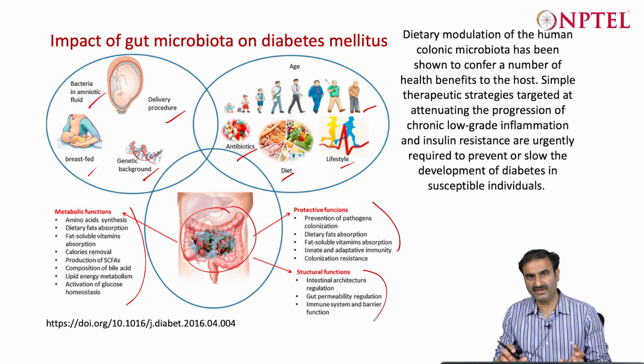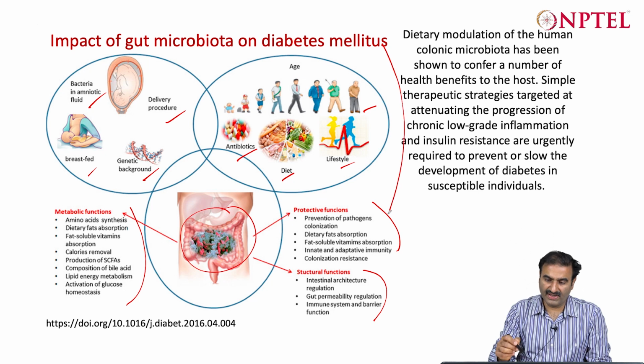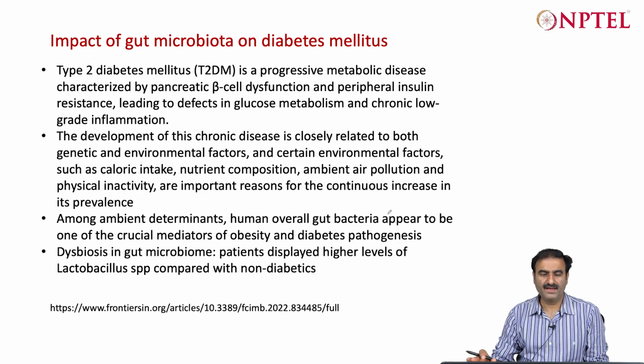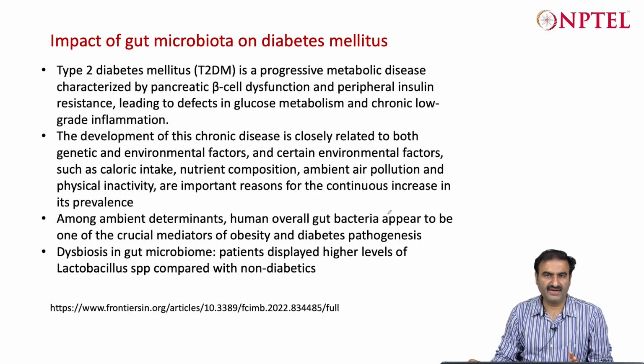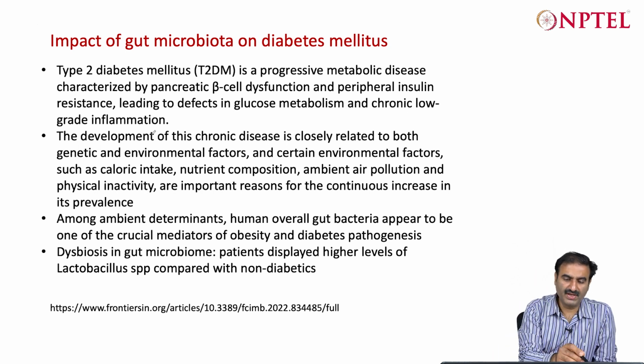But when it is diseased, in the dysbiotic state, it can lead to diabetes, and people have found a strong association of the altered gut microbiome with diabetes mellitus, which is typically a metabolic disease characterized by pancreatic beta cell dysfunction and peripheral insulin resistance that lead to defects in glucose metabolism and chronic low-grade inflammation.